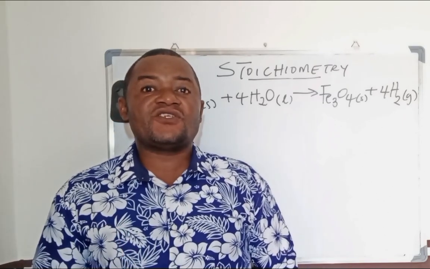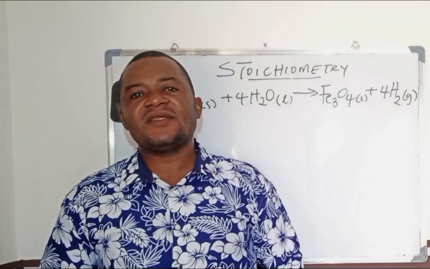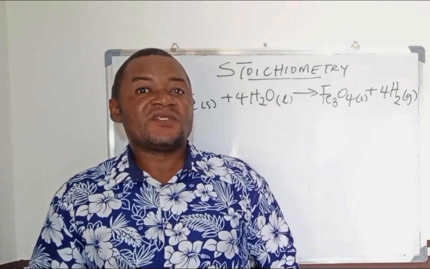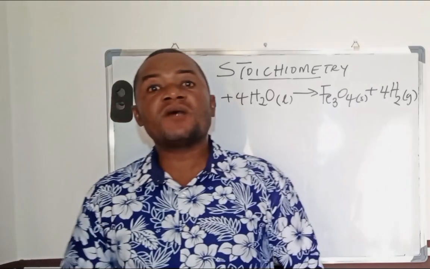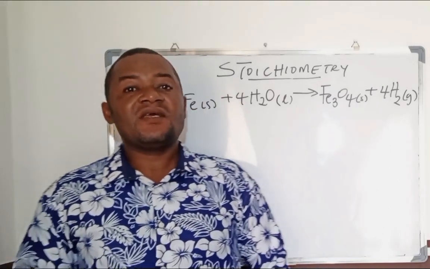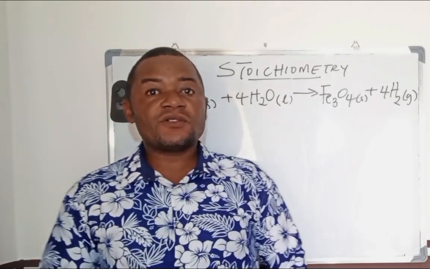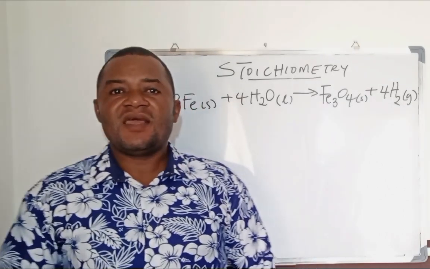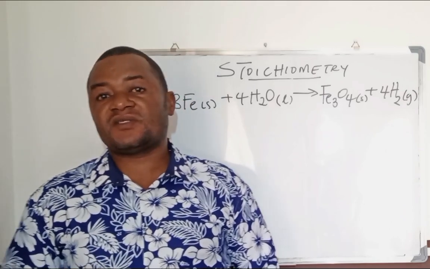If your chemical equation for that reaction is not balanced, then you will not be able to get the proper stoichiometry of that reaction. That means that if you carry out a reaction, you must be able to balance the amounts in terms of the reactants, whether in moles or in grams as the case may be, and also balance that in terms of the product before you can talk about the stoichiometry.